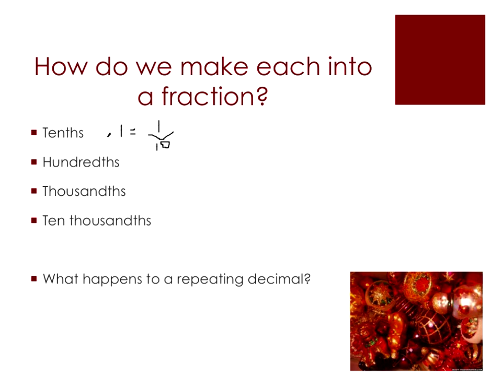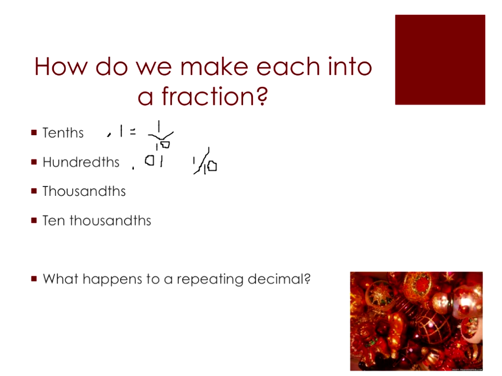So hundredths. Who wants to take a guess at what the denominator is going to be for hundredths? William thinks out of 100. Shama, 2 zeros, that's right. So if I'm doing decimal 0.01, that equals 1 over 100.